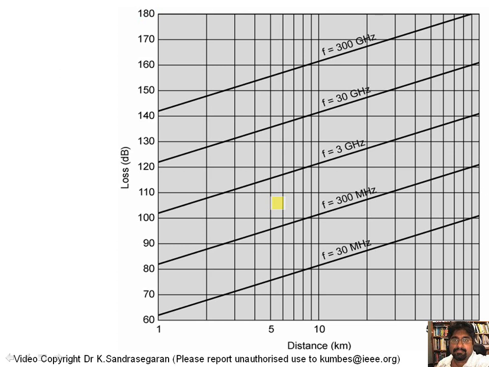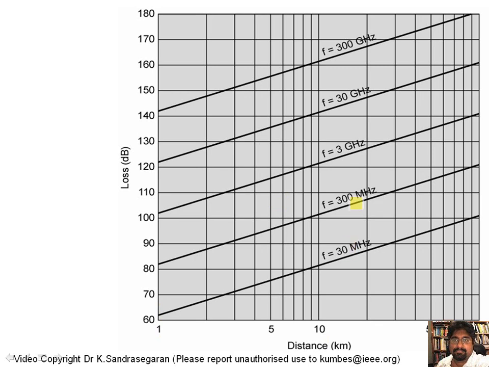Now this path loss is also plotted graphically for different frequencies. On the x-axis you have distance in kilometers, and on the y-axis you have path loss in dBs.